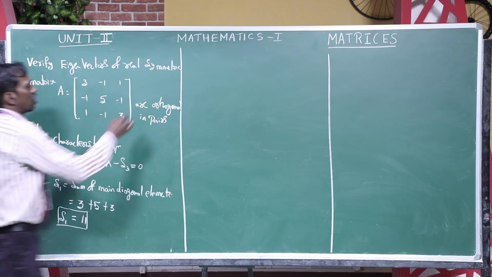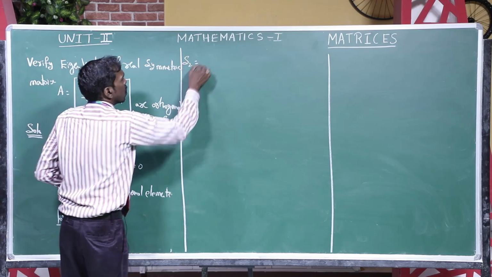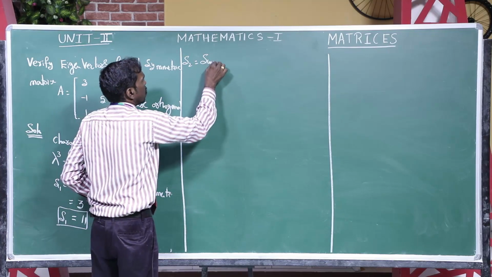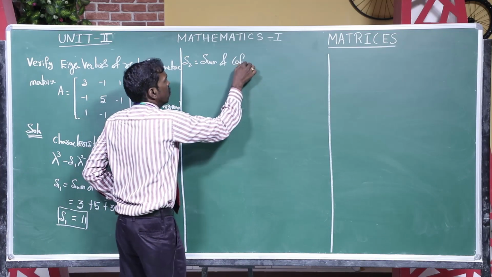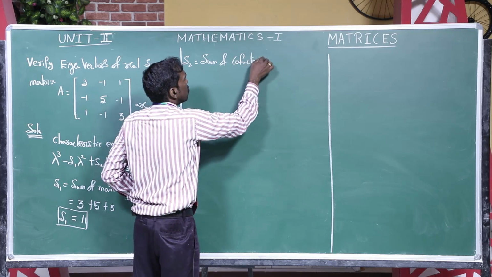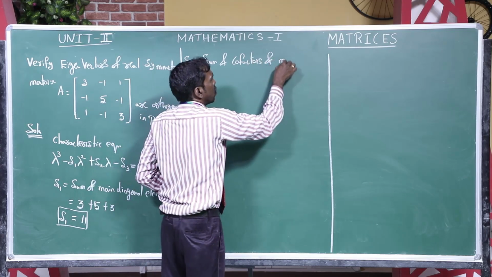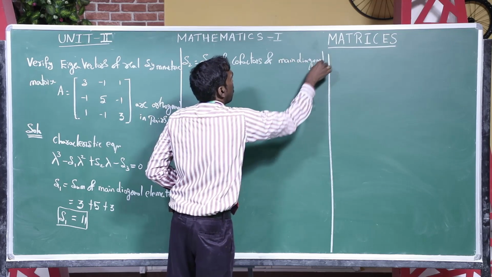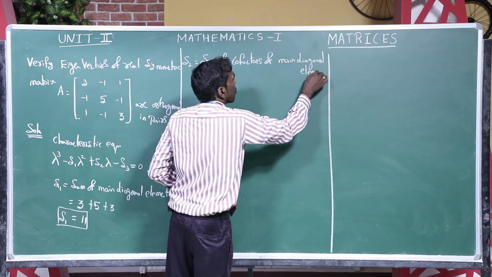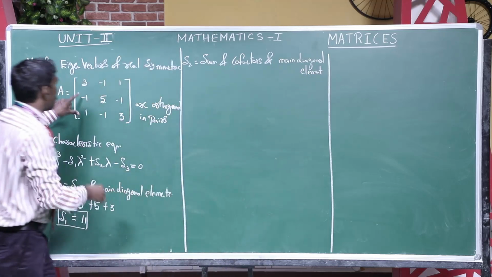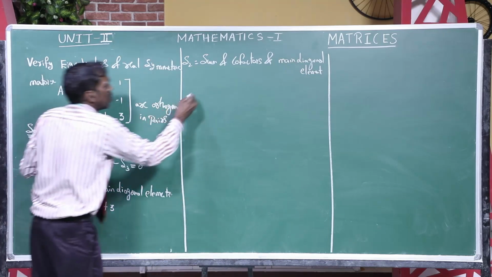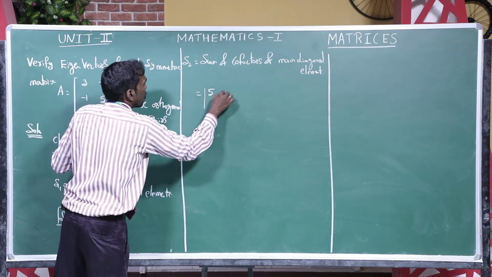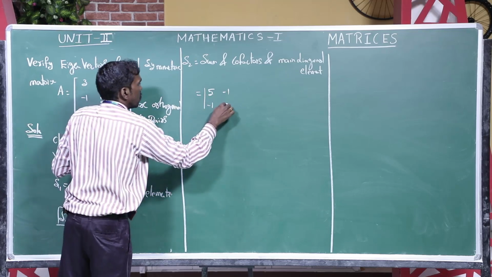Next we find S2. S2 is the sum of the cofactors of the main diagonal elements. So first leave out the first row and first column; the elements are 5, minus 1, minus 1, 3.